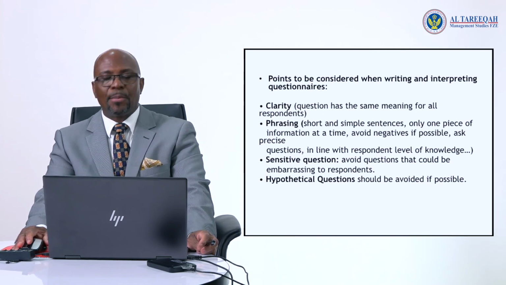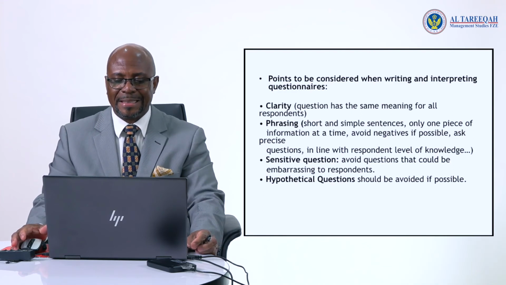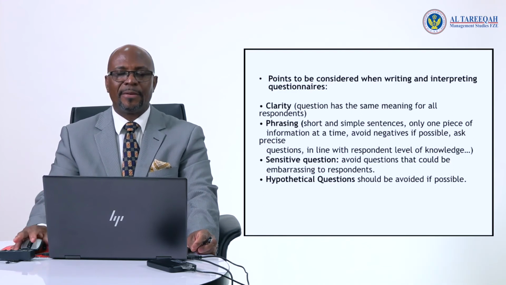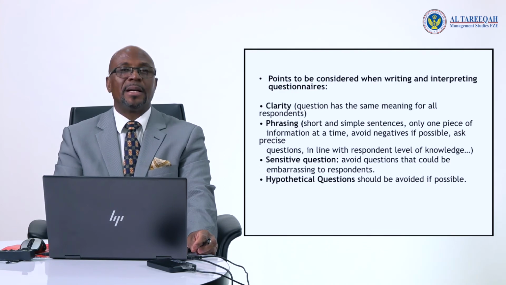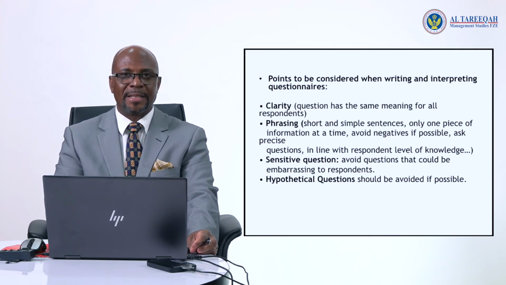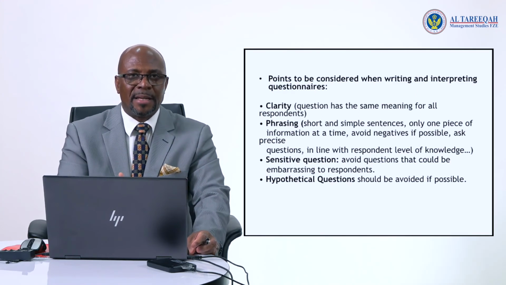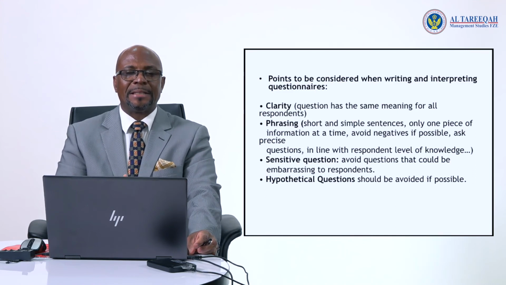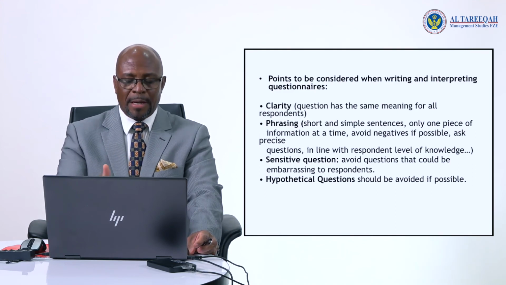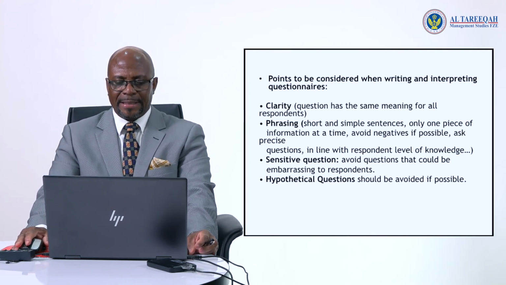Phrasing: short and simple sentences are preferred, with only one piece of information at a time. Avoid negatives if possible. Ask precise questions in line with the respondent's level of knowledge. This is why, before you administer the survey questionnaire, you have to pilot test it to ascertain its validity and reliability.